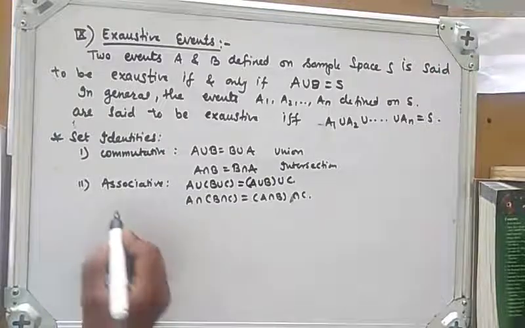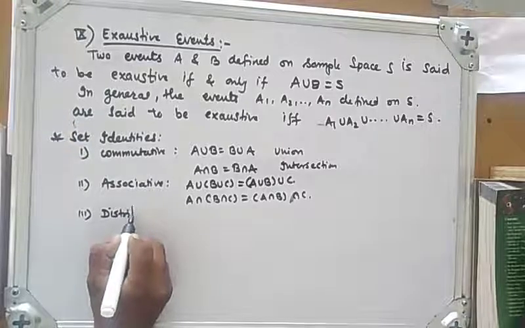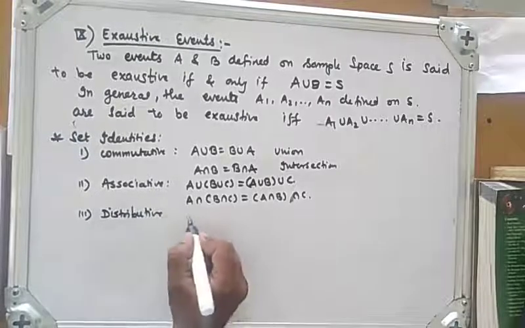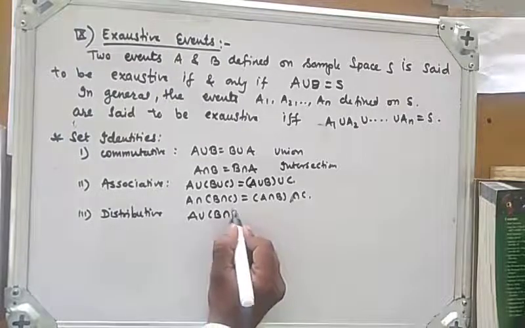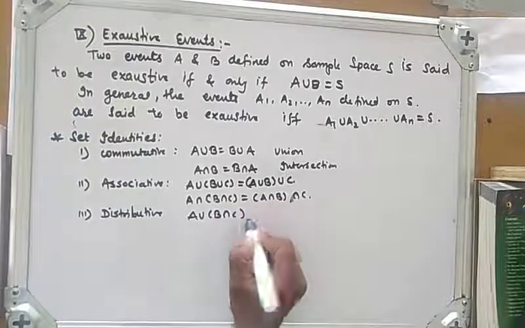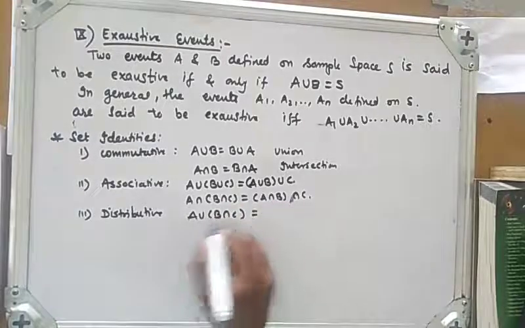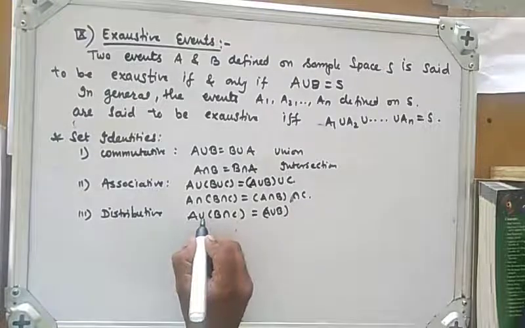Now the third one, the distributive property. A union of (B intersection C) is equal to, by the distributive property, (A union B) intersection (A union C), because we apply union to both elements.